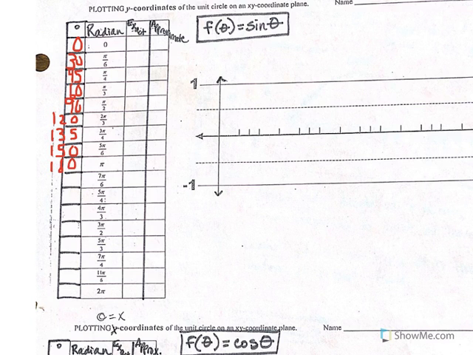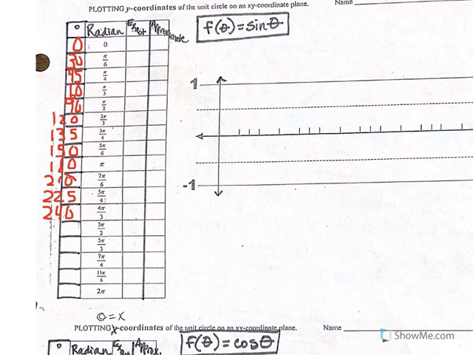Then at 7 pi over 6, we're at 210 degrees. Sorry. At 5 pi over 4, we're at 225 degrees. At 4 pi over 3, we're at 240 degrees.